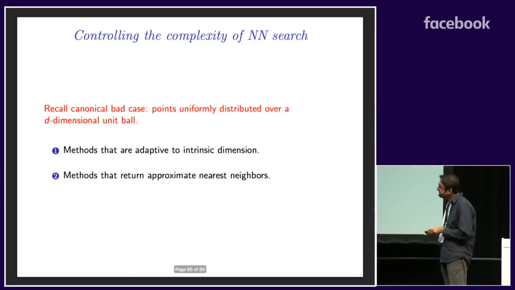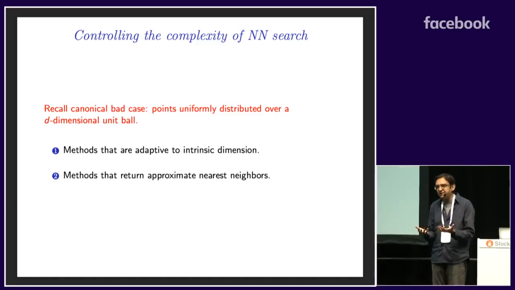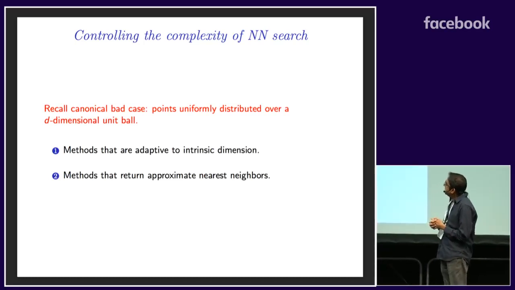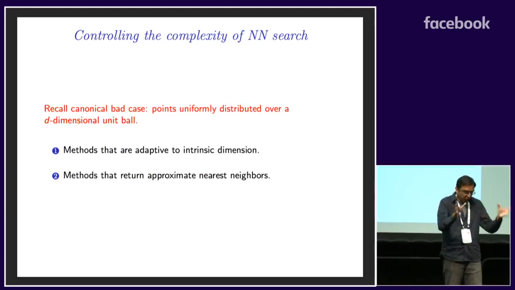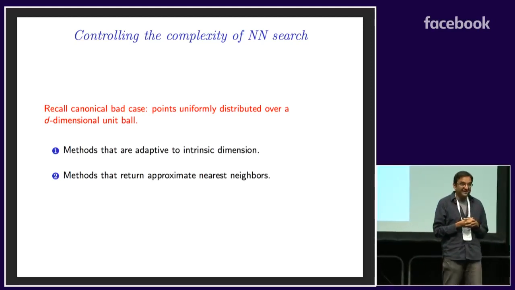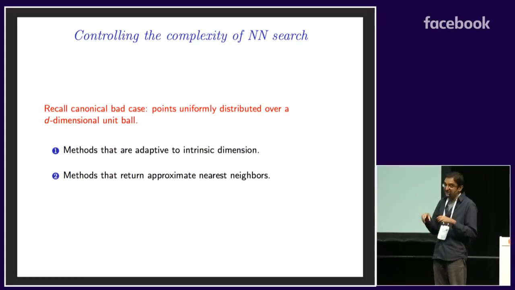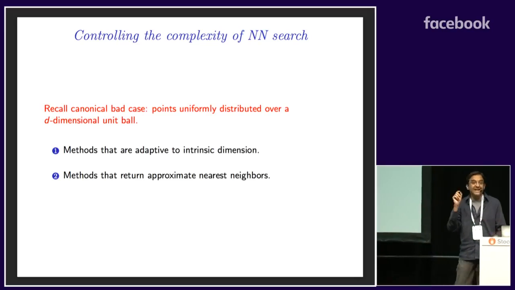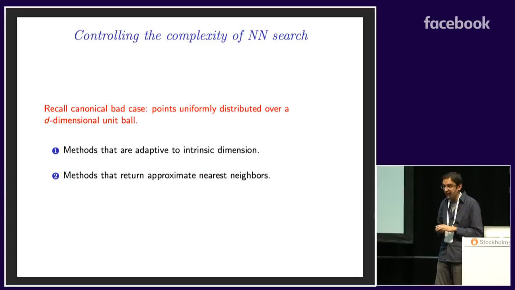So let's talk about data structures that actually can guarantee something about the query time. As I said, there's this bad case, which is points uniformly spread on a unit ball, and there are two approaches to getting around it. Either you say that somehow the data has low intrinsic dimension, or that you don't care about getting the exact nearest neighbor, and an approximate nearest neighbor is okay.